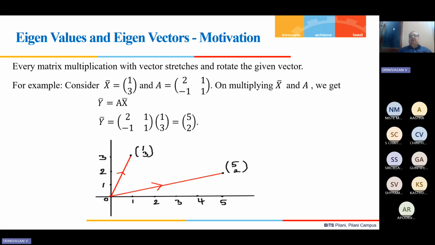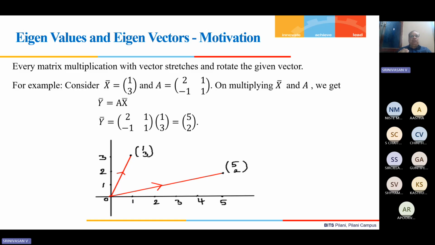So the x coordinate is 5 and the y coordinate is 2, something like your point 5, comma 2. It's a vector 5, 2. So just look at here. This is stretched, isn't it? And also it has gone through a rotation. So from this direction, it is rotated to this one. So here you have the stretching, that is, it is lengthened and extended, and then also gone through a rotation.